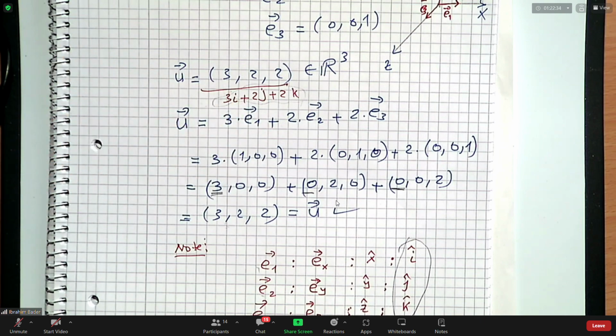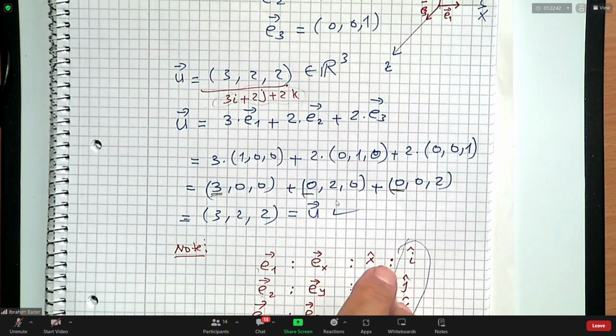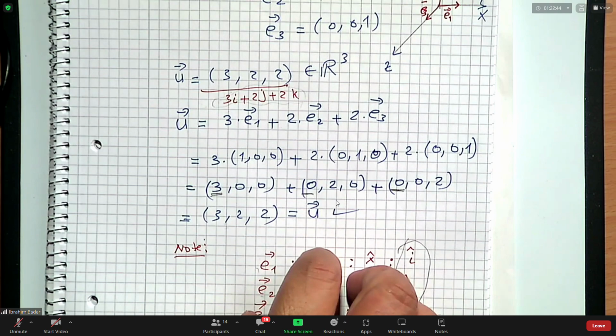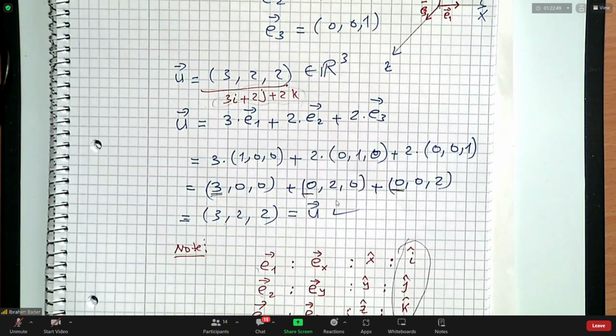Okay, so these three vectors, no matter which notation you are using, do generate the vector space R cubed, or the three-dimensional vector space.